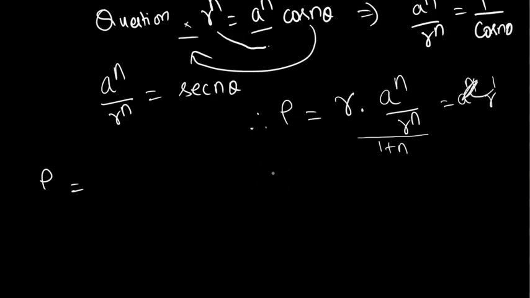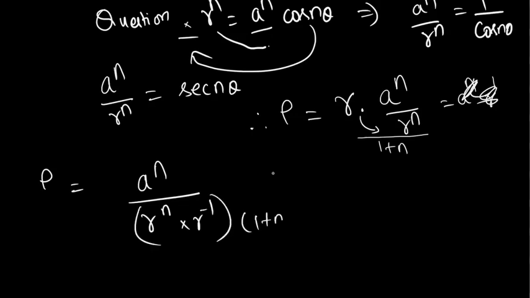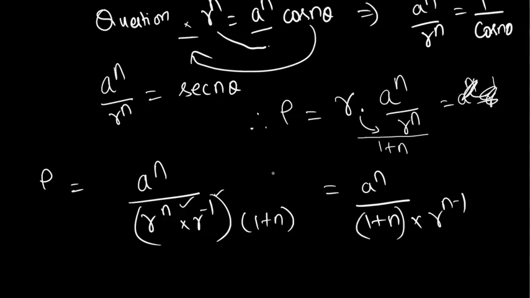So what I will do, I'll take this r down. So a power n by r power n into r power minus 1 into 1 plus n. That is nothing but a power n by 1 plus n into, I can write the power together, r power n minus 1.